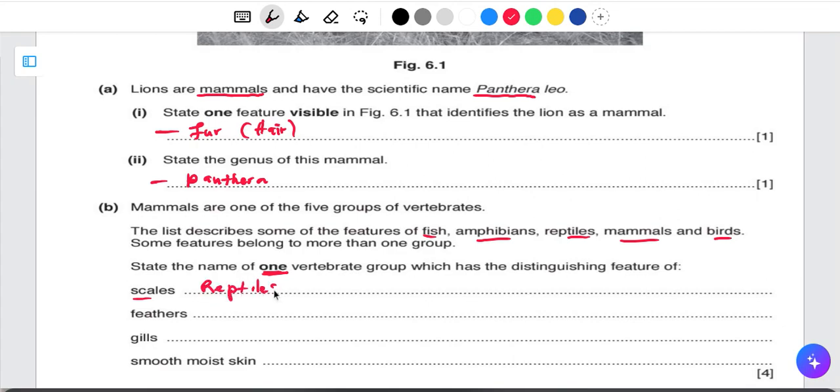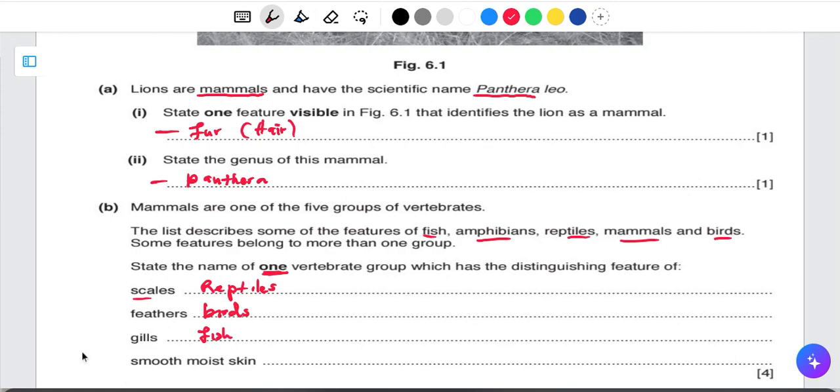Then feathers. The feathers, you are going to see them in the birds. Those feathers which the birds have. Before you see the skin, you need to remove the feathers from the birds. So we can say the birds. Then in terms of the gills, they are found in fish. Okay. That is where gaseous exchange takes place.